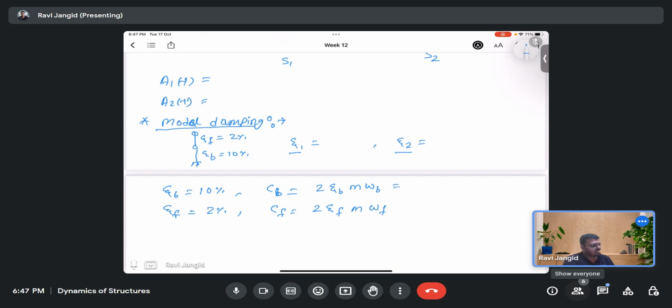So that would be 2 times 0.1 times M, where M is M plus 2M by 3, and ω_b is 2π by 2. Not the modal time period, only the time period of the isolator. And for C_f, 2 into 0.02 times mass times 2π by 0.4.